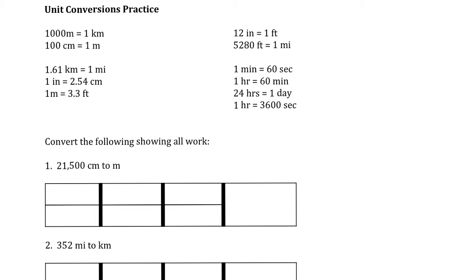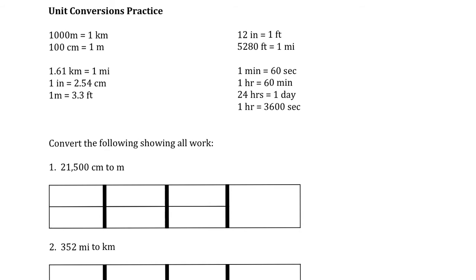Starting with number 1, we've got centimeters to meters. And so we start with centimeters and we want to go to meters. So we know we have to get rid of centimeters. So centimeters are going to go on the bottom to get rid of that.